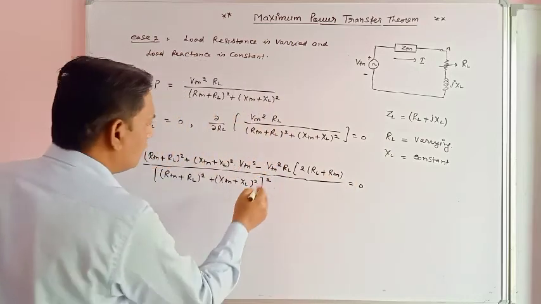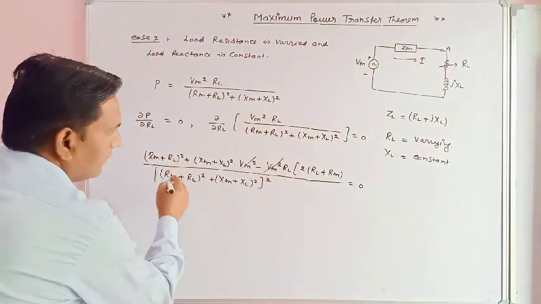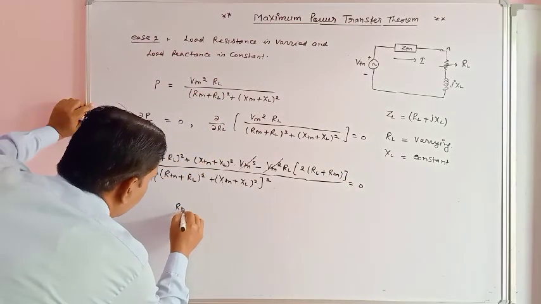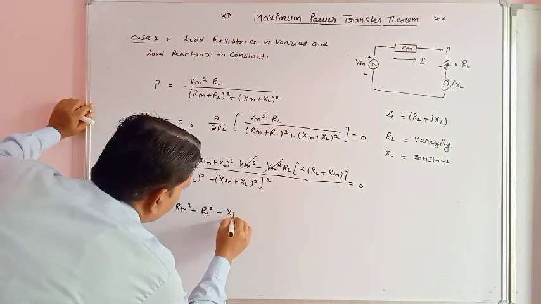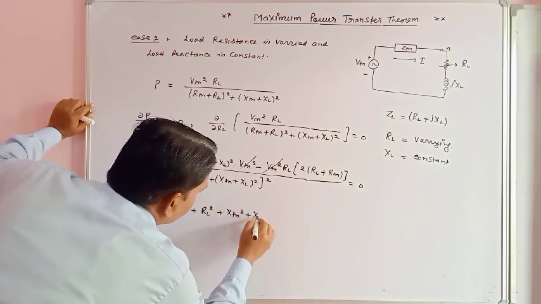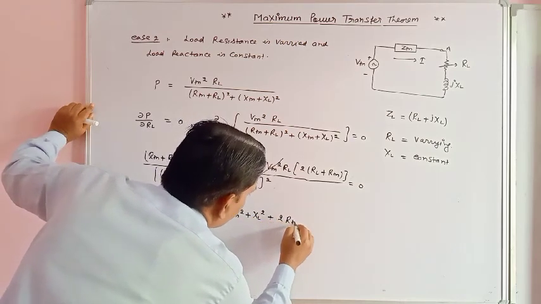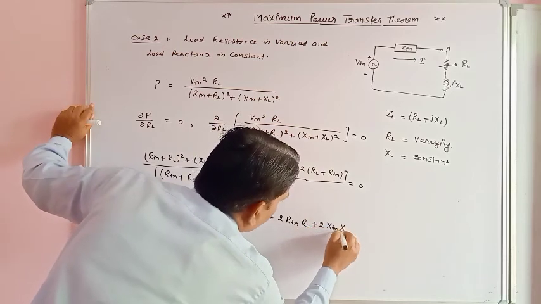So this VTH square will be cancelled out. We will expand this whole square, so it will be RTH square plus RL square plus XTH square plus XL square plus 2 RTH RL plus 2 XTH XL.